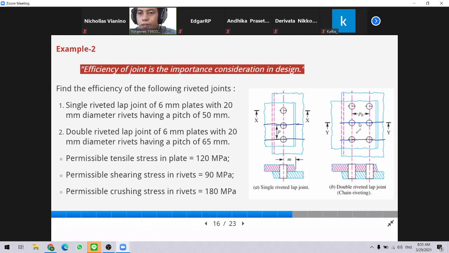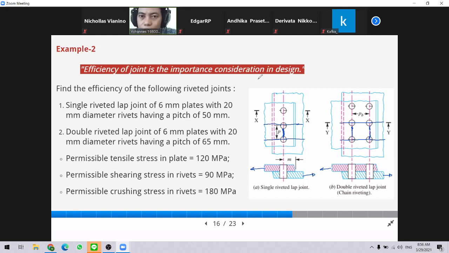Okay, so now let's see the load working here. And now let's check the tearing resistance. Here we have this tearing resistance working in this area, and here we have this area. And here also we have tearing area.